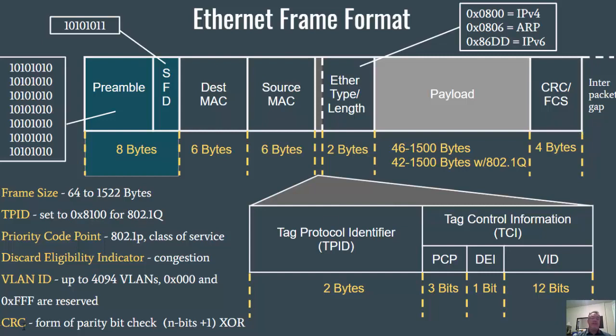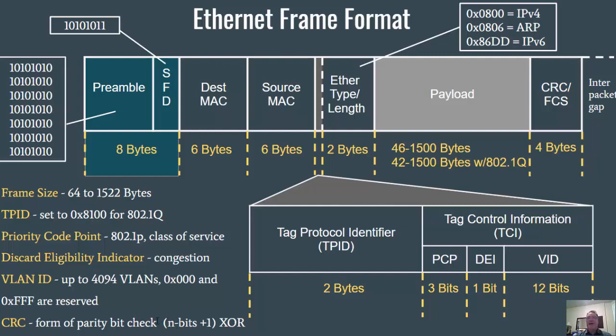What it actually is, the cyclic redundancy check, is a form of parity bit check where they have n bits plus 1 and they do an exclusive OR operation on the bits, and if bits have changed, if there's less bits or added bits or fewer bits, then you're not going to get a matchup on your bit check, and that'll mean that there's been an error in the frame. It's not the same amount that was sent that was received.